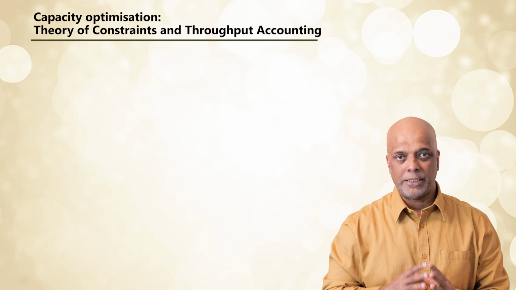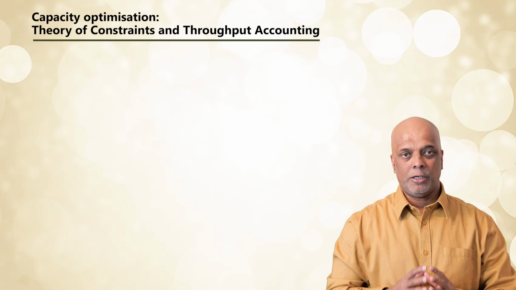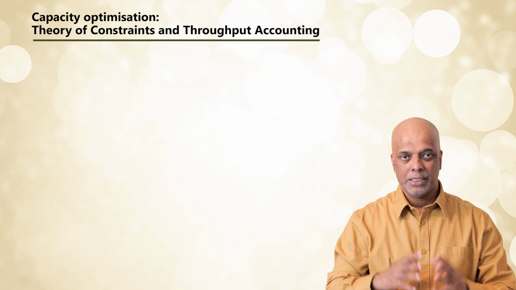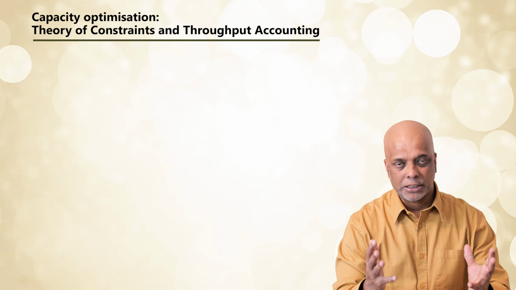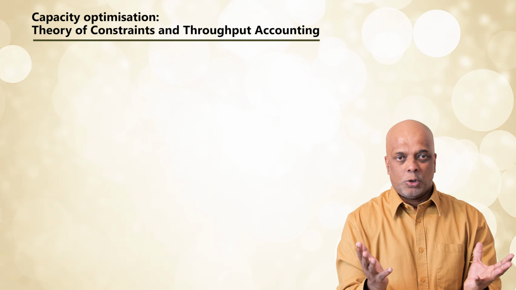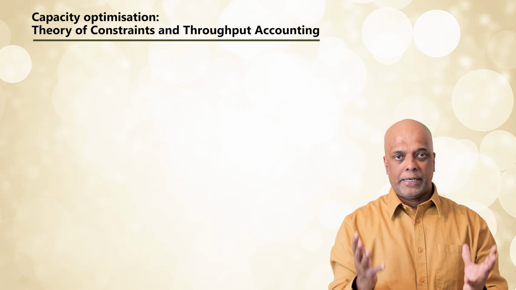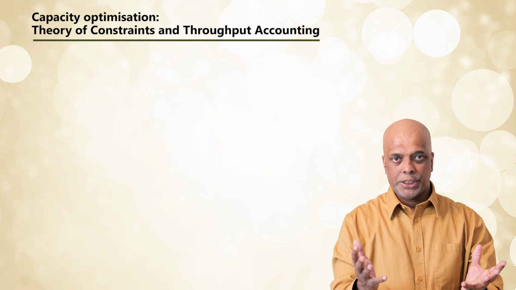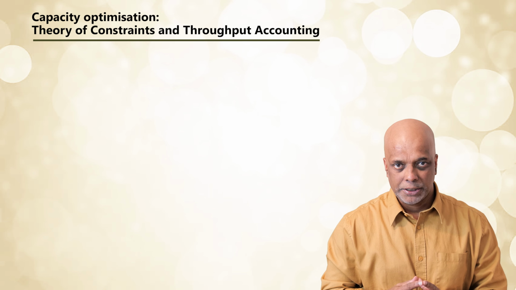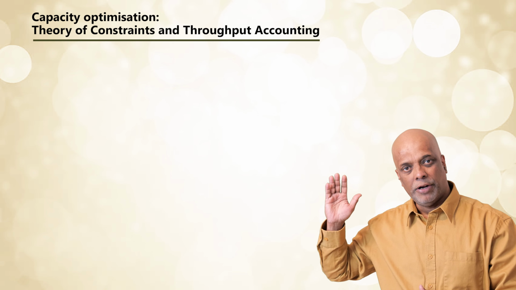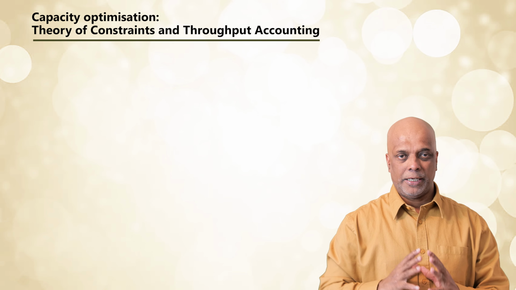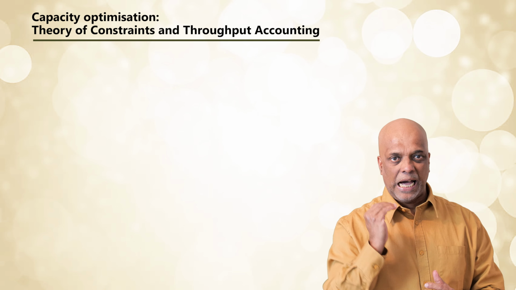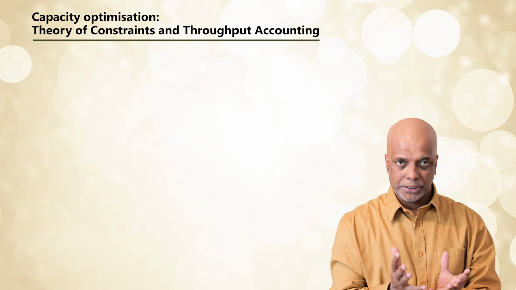Capacity optimization is the fifth element of strategic cost management. Production engineers and production managers can talk about so many different techniques, procedures, and concepts through which capacity can be optimized. However, when it comes to strategic management accounting, in the recent past, there's a particular idea which is popularized.